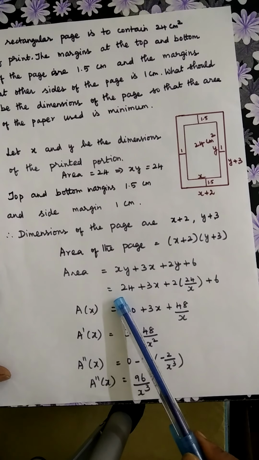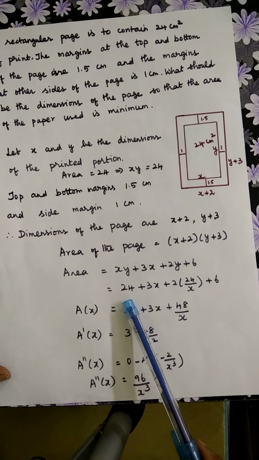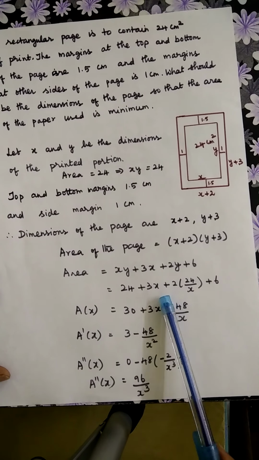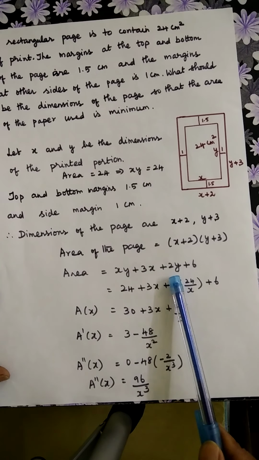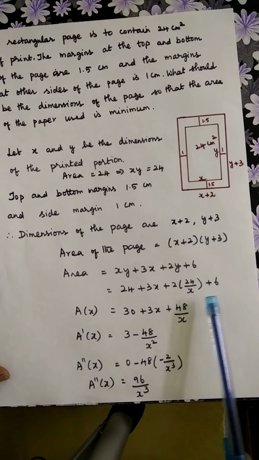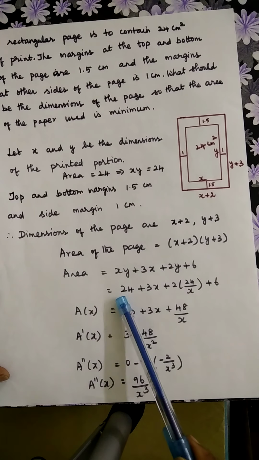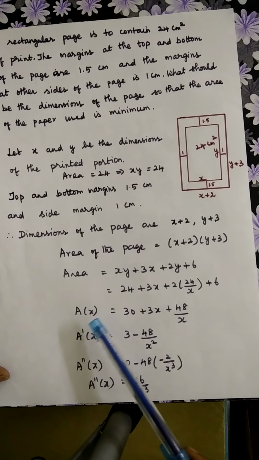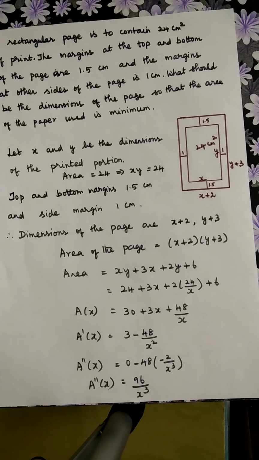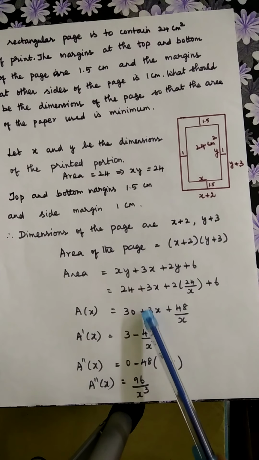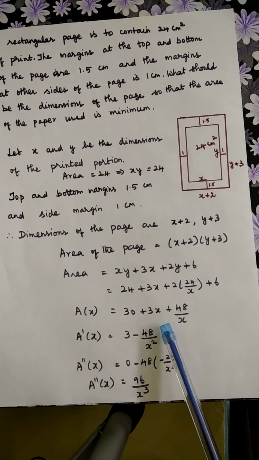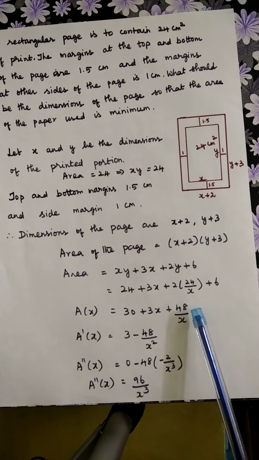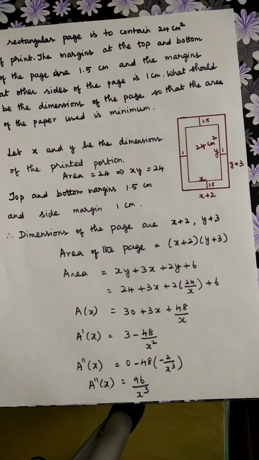So, for this xy we can substitute 24. 24 plus 3x plus 2 into y is 24 by x plus 6. 24 added with this 6, 30. Area A is a function of x. So, A of x equal to 30 plus 3x plus 2 into 24, 48 by x.